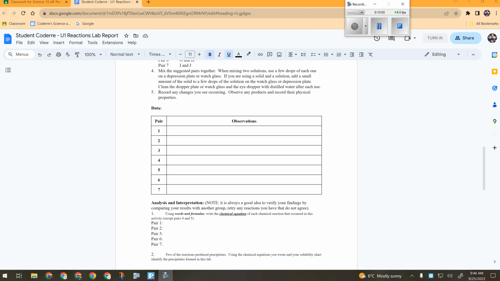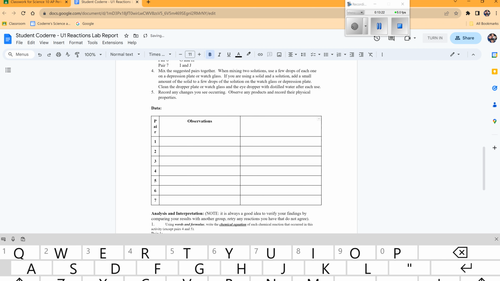Okay, one change I'm going to suggest you make to your lab report is in the observations chart. I would suggest that you probably need to split this very wide column into two, like that, so that you've got it in two columns here.